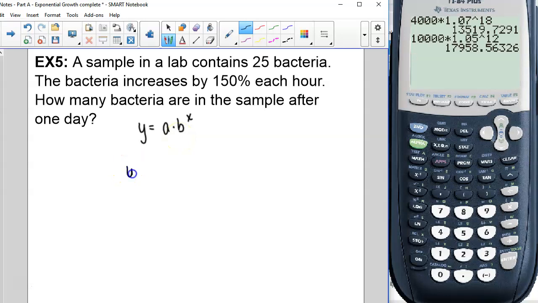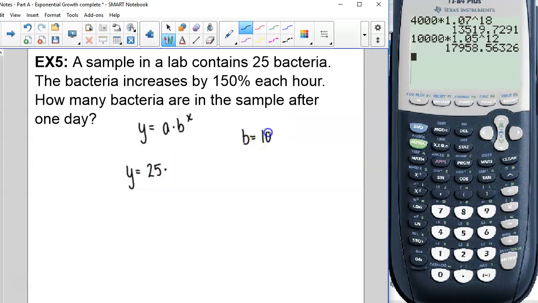Okay, so A for this, Gabe, what's our A? What's our initial value? 25. Now we've got to find B. Okay, now this is what sort of throws students for a loop sometimes, is that you do the same thing each time to find B. So a lot of students want to go ahead and just put 1.5 right here, because 150 would be 1.5 if you change it to a decimal.